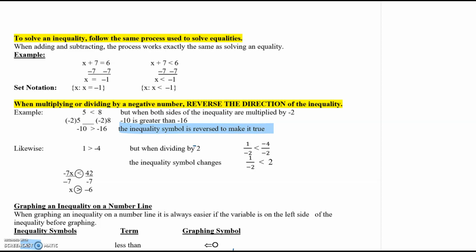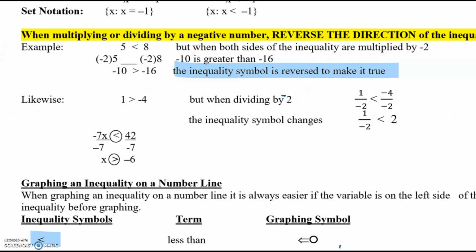So, for example, if I have 5 is less than 8, that is true. However, if I went and multiplied both sides of that inequality by -2, I get -10, and then it is not less than -16, it becomes greater. So I have to change that inequality symbol by reversing it to greater. So that's what that means.